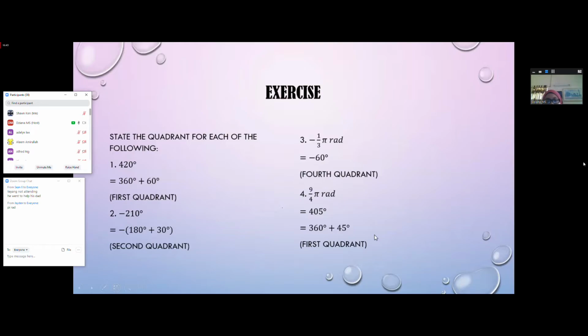Okay. So far, this is basic, understand? No problem? Teacher, the 9 over 4 radian, how do you get it? I don't understand. Okay. Pi rad is 180 degrees.